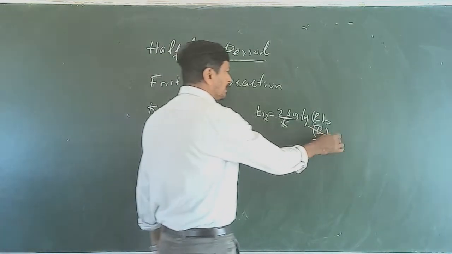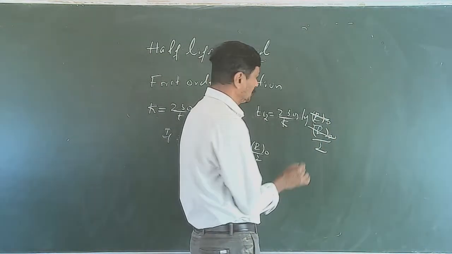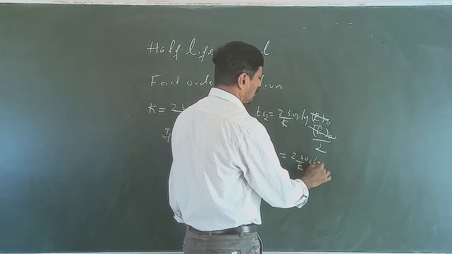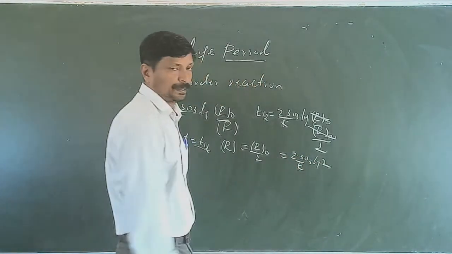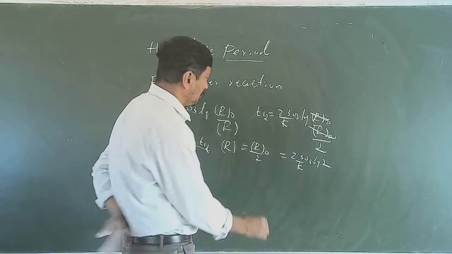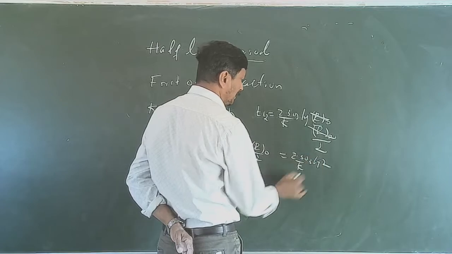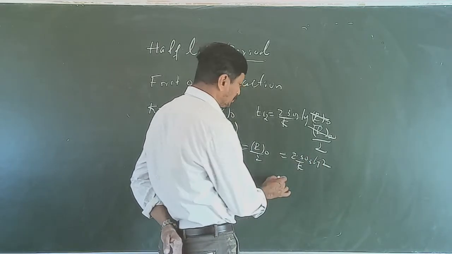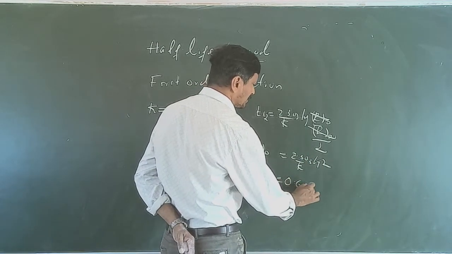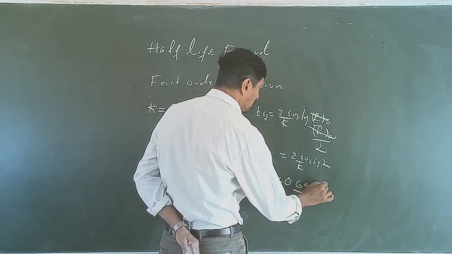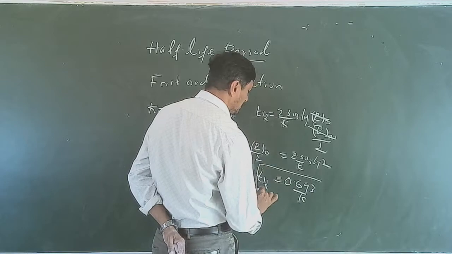What will get cancelled? It is equal to 2.303 by K log of 2. T half is equal to, substitute log of 2 is equal to 0.3010. On multiplying 2.303 into 0.3010, you will get 0.693 by K. T half is equal to 0.693 by K.